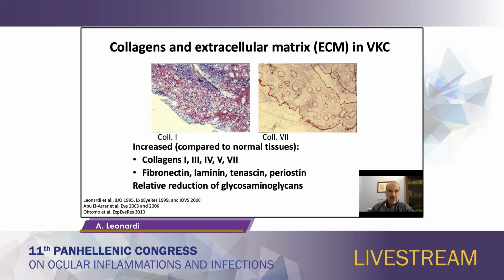There are other collagen and extracellular matrix components that are increased, in particular in VKC. We and others described increased production and deposition of collagen 1, 3, 4, 5, and 7, and other extracellular matrix components such as fibronectin, laminin, tenascin, periostin, and a relative reduction of the glycosaminoglycans.